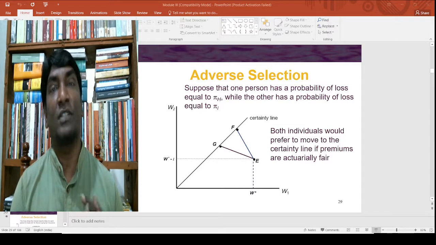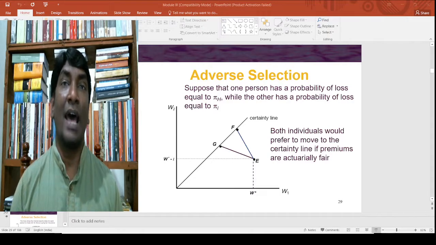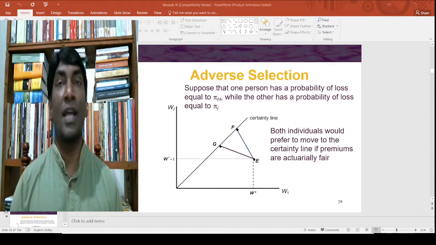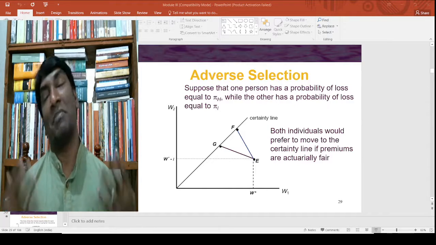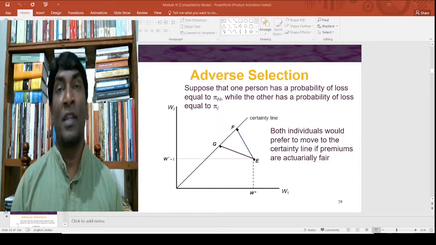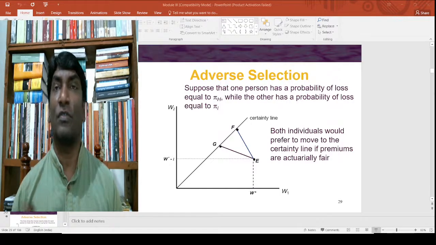Some portion of the loss you have to bear yourself. In order to minimize that loss, you would be careful, and that may be one of the reasons.